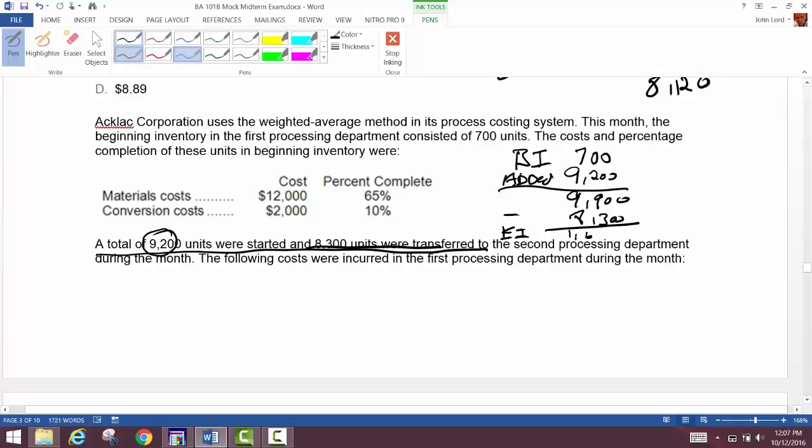Okay. And once I've got this, then it's just like we've been doing. To figure out the equivalent units, it's those that we completed and transferred out, which is given to me in this problem, the 8,300, plus what I'm going to give myself credit for having completed in ending inventory, the equivalent units in ending inventory. How many units? 1,600 times 0.15.